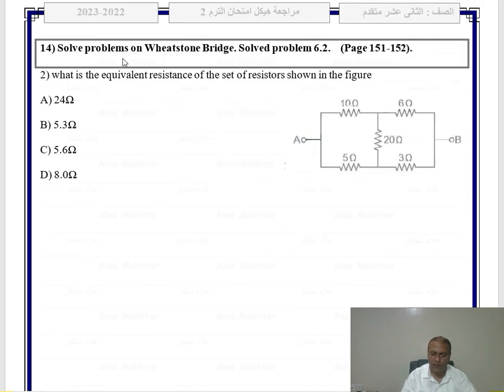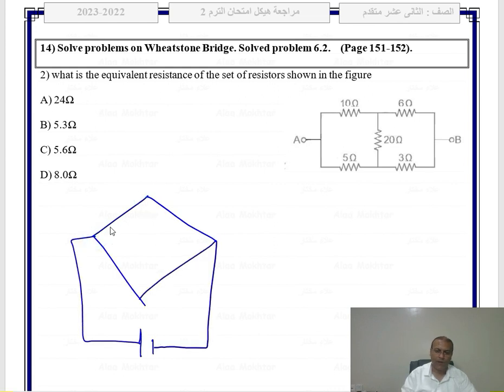Number 14, solve a problem on the Wheatstone Bridge. Solve problem 6.2. The Wheatstone Bridge comes in this shape connected to the battery, and we have 4 resistors, R1, R2, R3, R4. And there is a bridge between these 2 points.